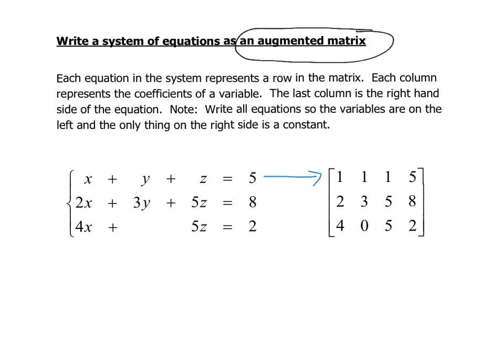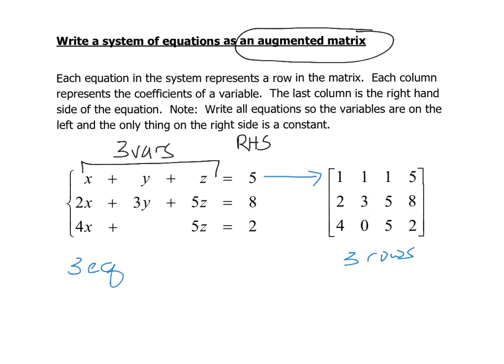Notice that we have 3 equations here and we have 3 rows in our matrix. Also notice that we have 3 different variables and we have that right hand side, which I'm going to abbreviate by RHS, and so 3 variables plus the right hand side makes 4 columns.